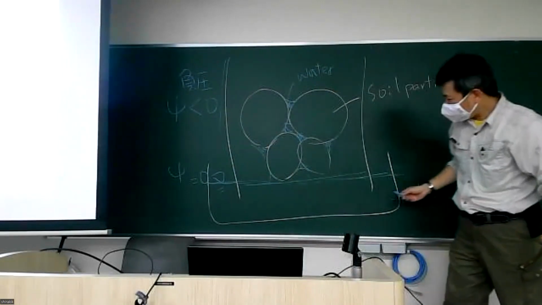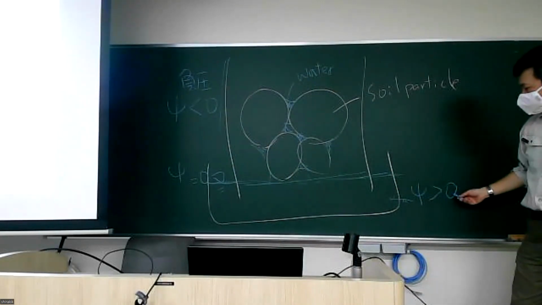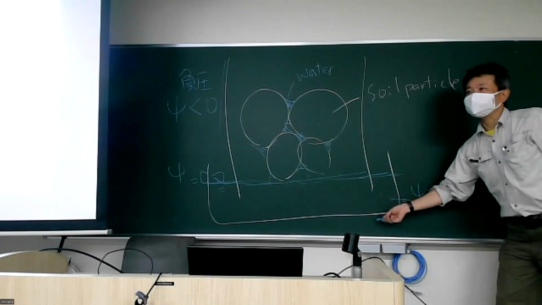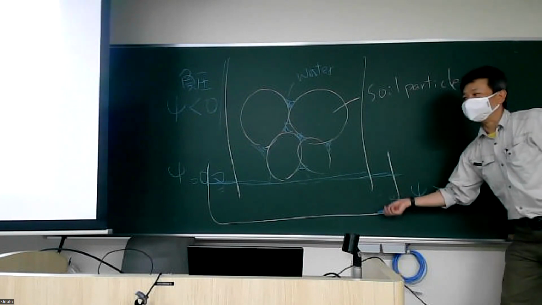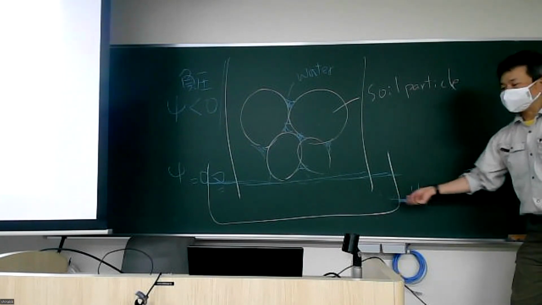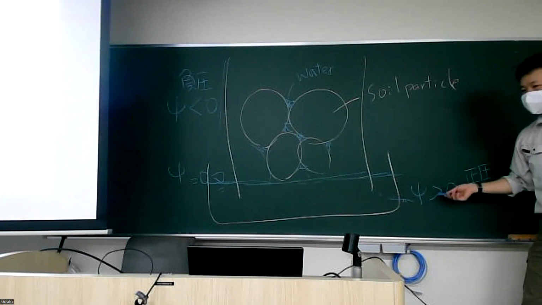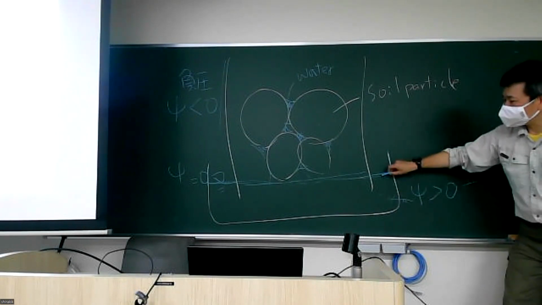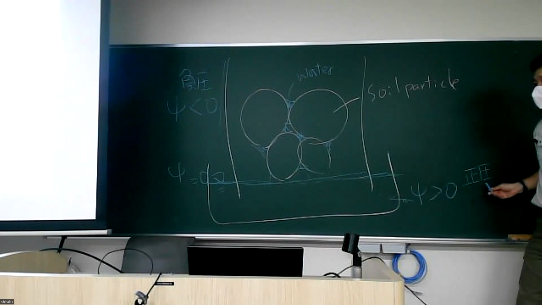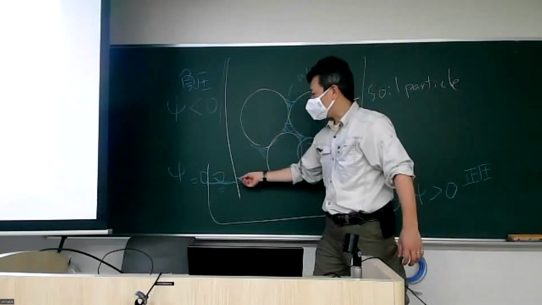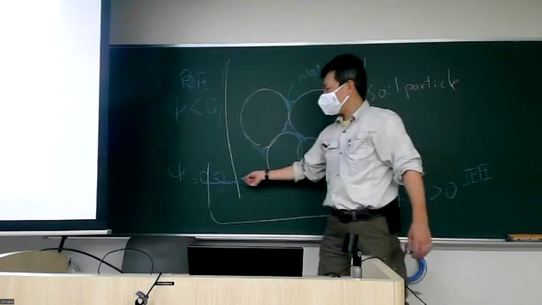Generally, water pressure is considered positive, and the deeper you go, the more positive the water pressure becomes. So, you know that the water pressure is positive below the water surface. So this is positive. And zero means just equal to the water surface.